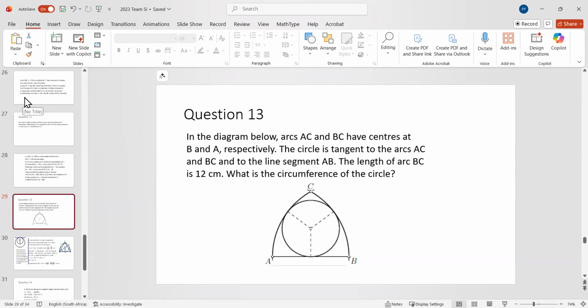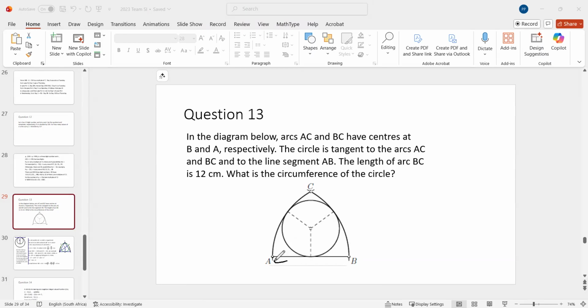So in the diagram below, here we are almost to the end. Arcs AC and BC have centers B and A. So you can see this is an arc, and this is an arc here. The center of this arc is this. It's an arc, so AB is the radius of this arc.